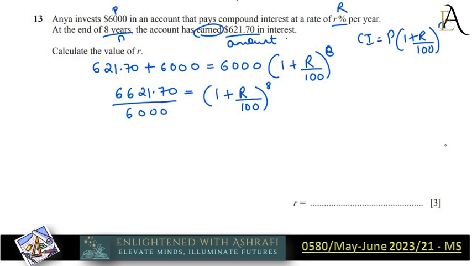Let's do the calculations. 6621.7 divided by 6,000 gives 1.1036 equals (1 plus R upon 100) raised to 8.